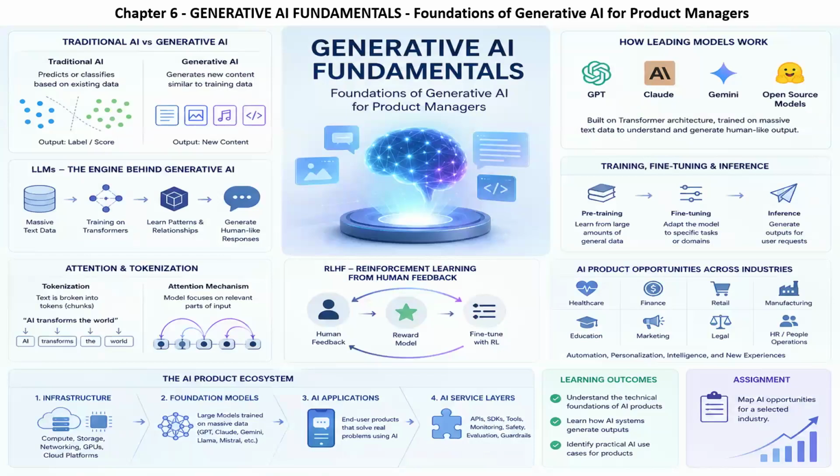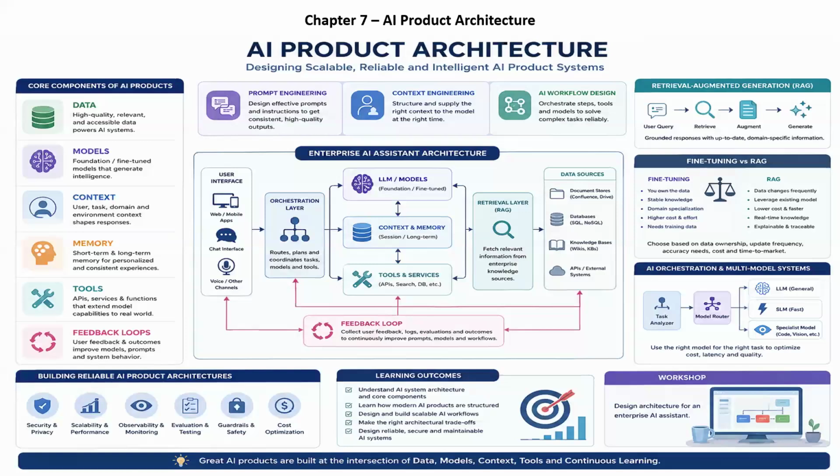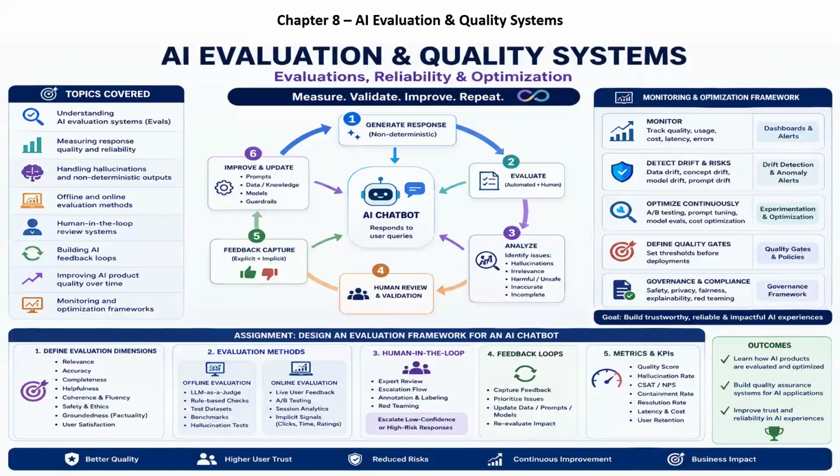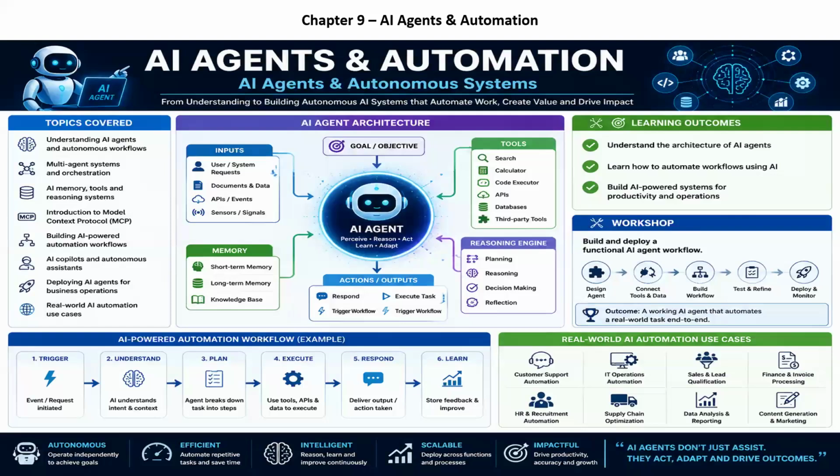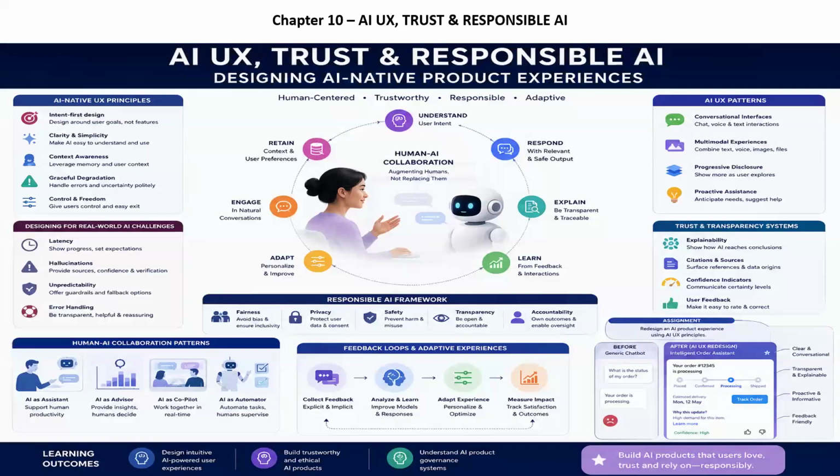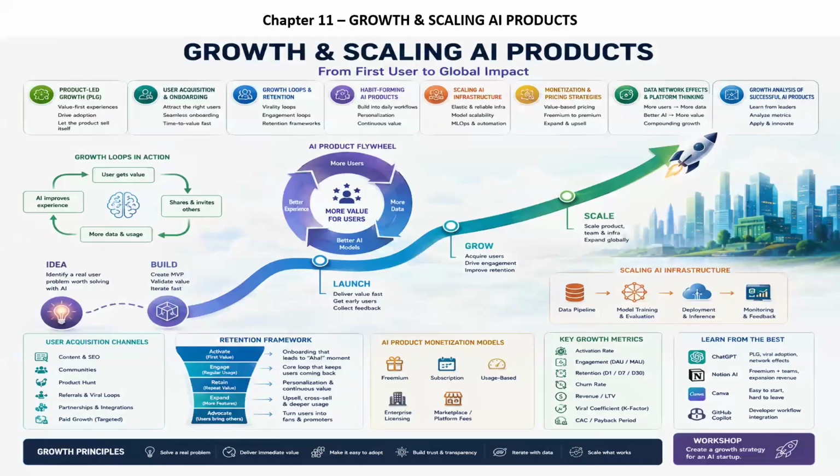Then slowly shifting gears to generative AI fundamentals, understanding the AI product architecture, evaluating AI quality, then building AI agents for automation. Then how you take care of your UI/UX and trustworthy AI experience, and how to scale your AI product for growth.